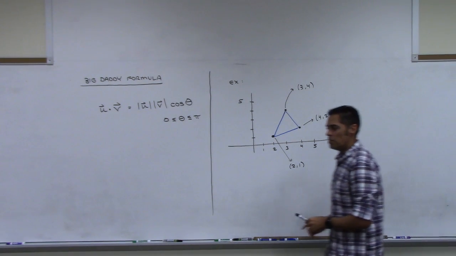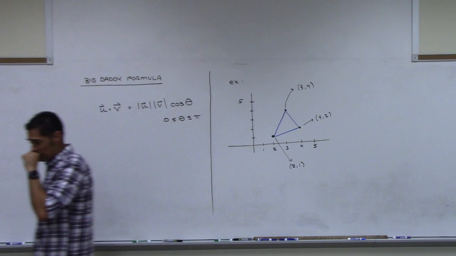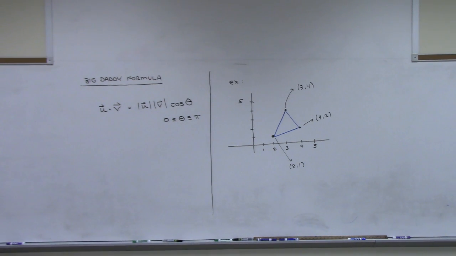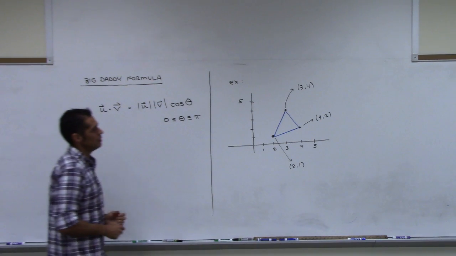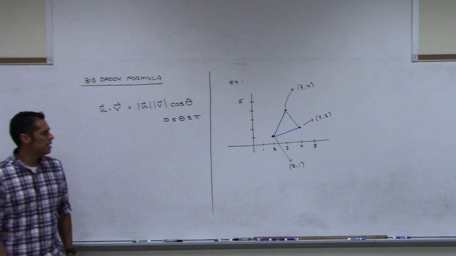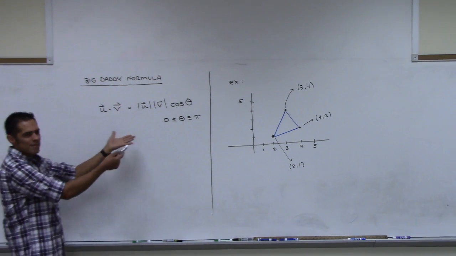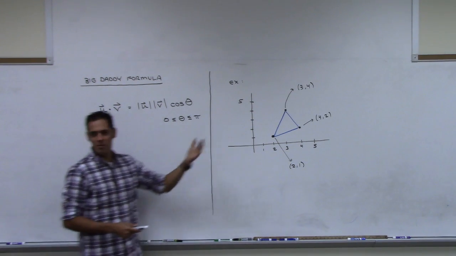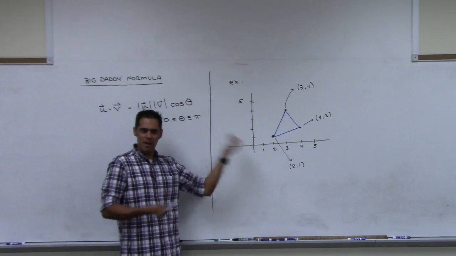My question to you is whether or not that's a right triangle. Now, it might be obvious just by looking. I don't think it is, but how is this related to this? Like, how is this connected?